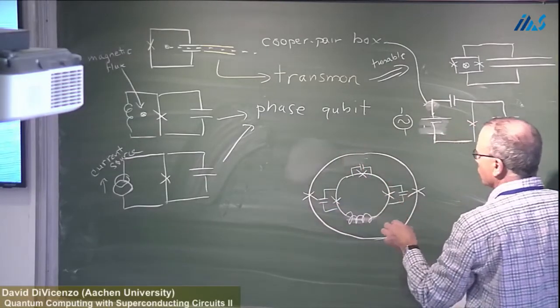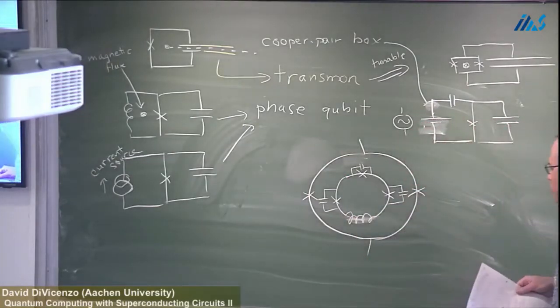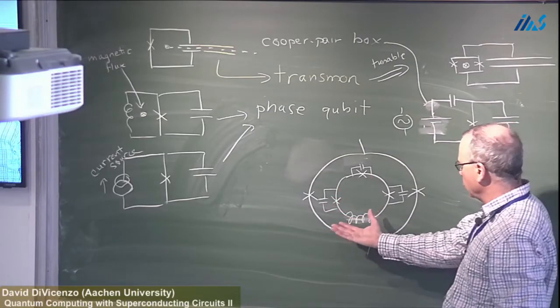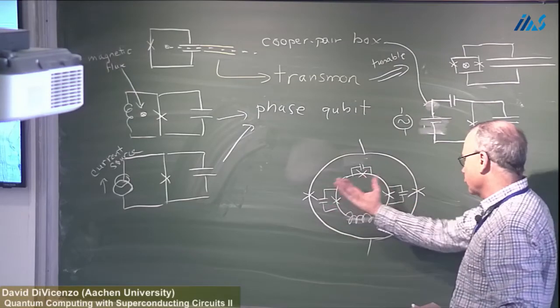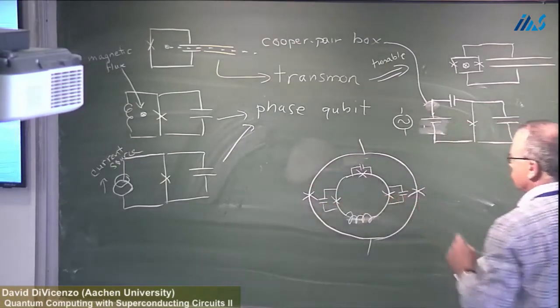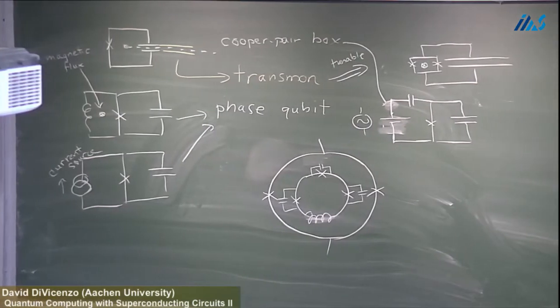So this is yet another ring structure, and there are sort of implied leads, but this was the first way, and there are even still a few qubits that work this way, where this is the whole package, including the way you measure it. So this outer structure, the last two Josephson junctions in this structure, will be involved not in the dynamics of the qubit itself, but in how you read out 0 and 1.